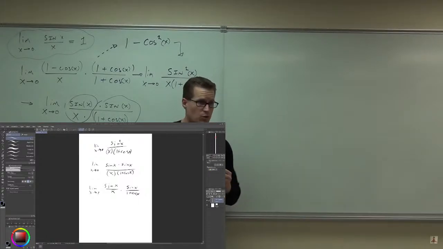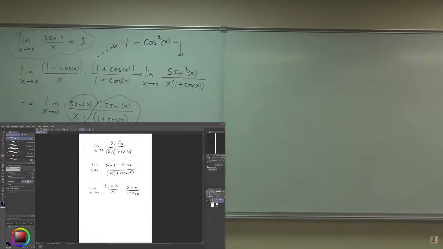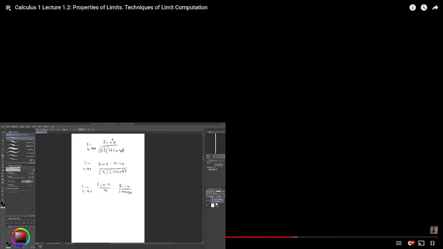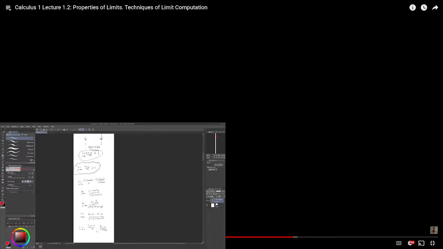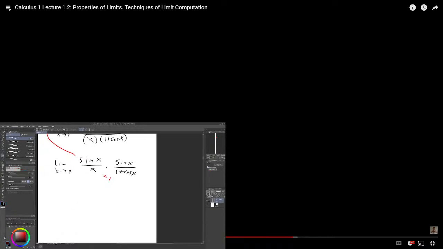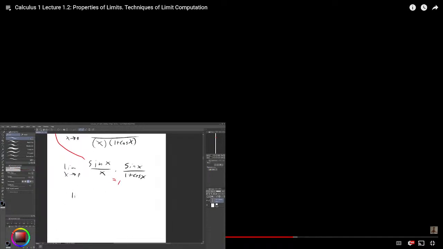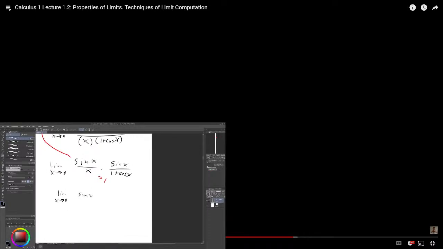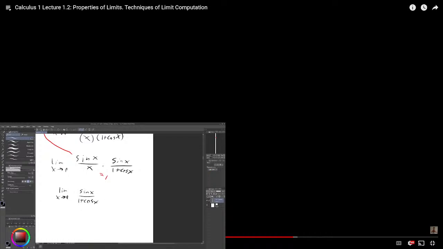So if we group it, then this is going to be the limit as x approaches 0 of sine x over x. Oh, it's 1.